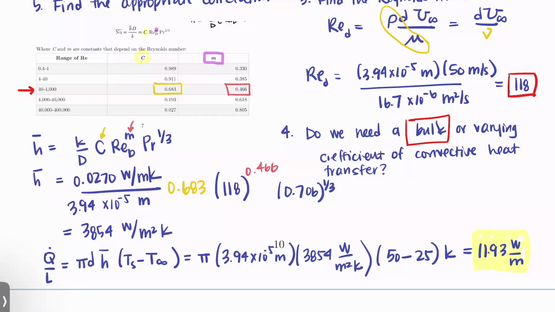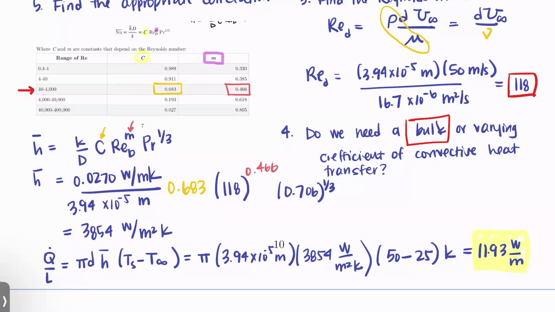Right. An example of how the phrasing of the problem might change would be: find the difference in the rate of heat transfer from the back of the plate compared to the nose of the plate or the middle of the plate. It would reference a very specific location. Does that make sense? Yeah. Okay.